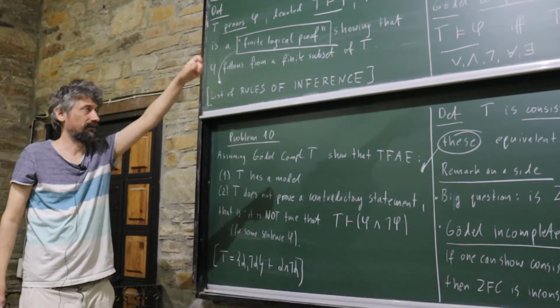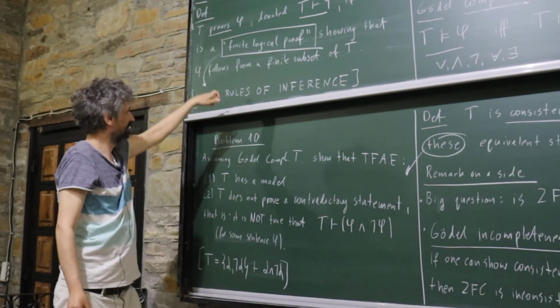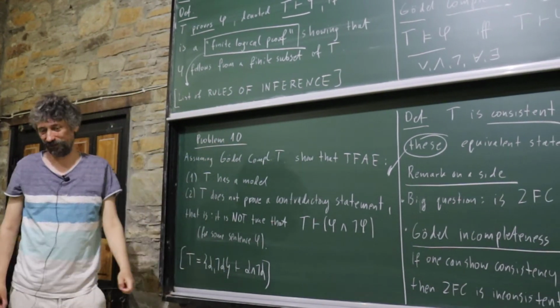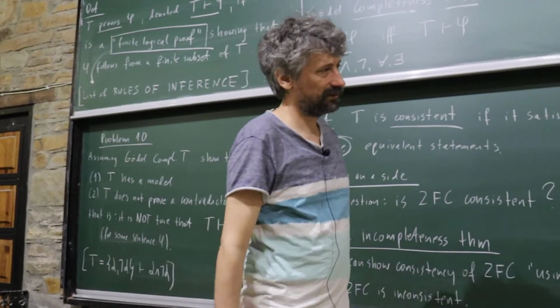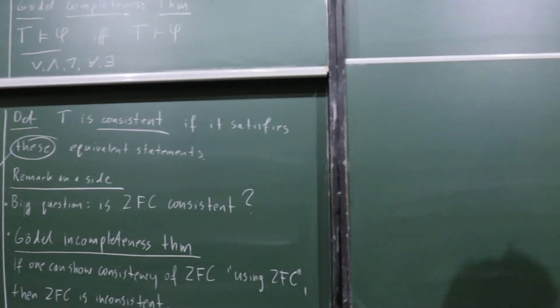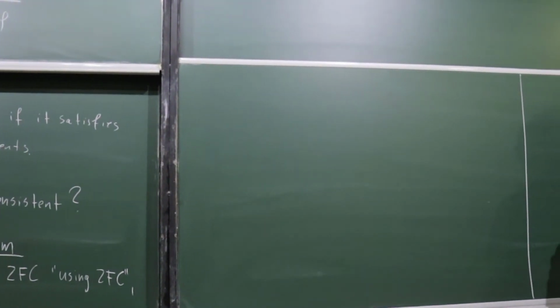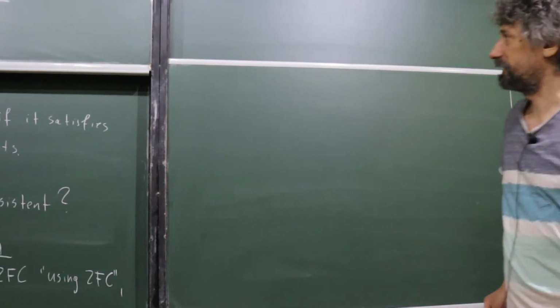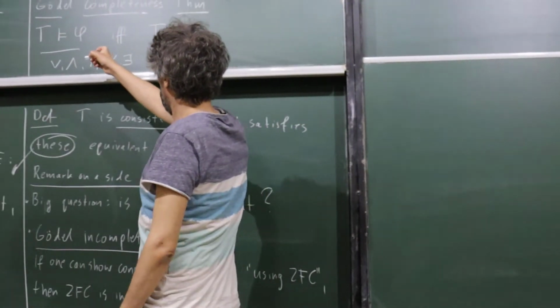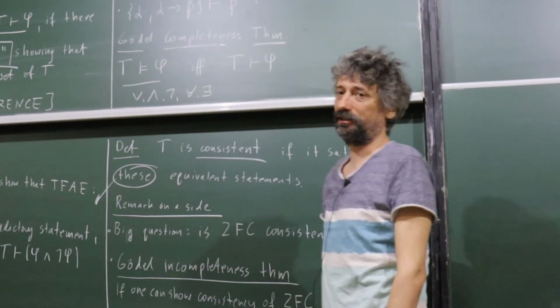You may check, there are rules of inference on Wikipedia. I'm not sure if they are minimal, but there were quite a lot. It's not very important what they are, but this theorem says that they really work. Yes, there are really enough of them to have this equivalence.